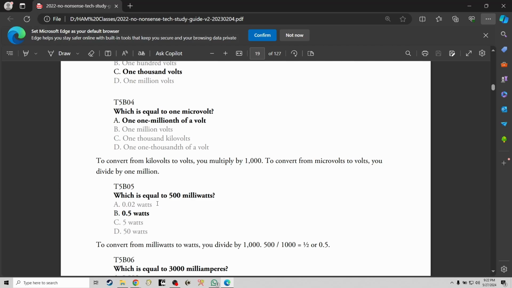So which is equal to 500 milliwatts. 500 milliwatts, 0.5 watts. That is, if I'm not mistaken, the amount of power our little Baofeng radios that we use at our masjids to communicate, that have the, I think, like 7 or 9 channels that normally the smaller mosques use.